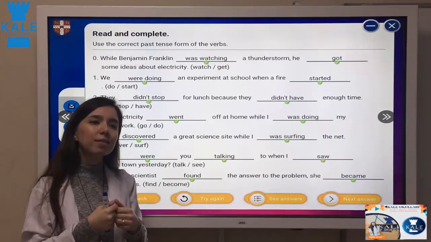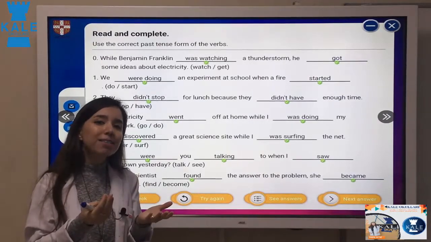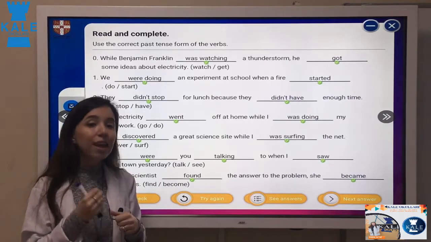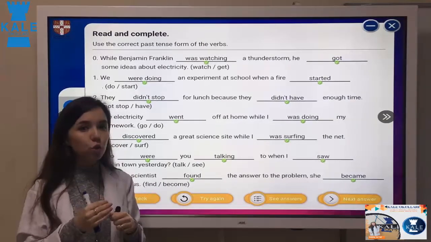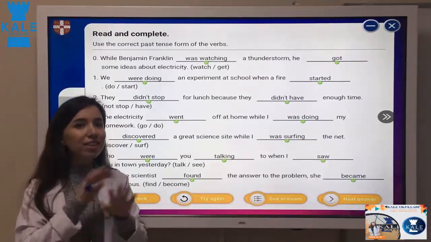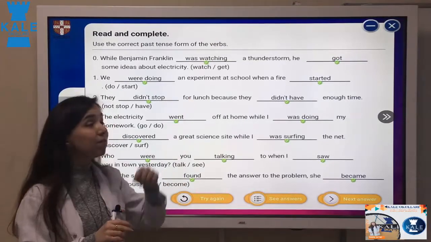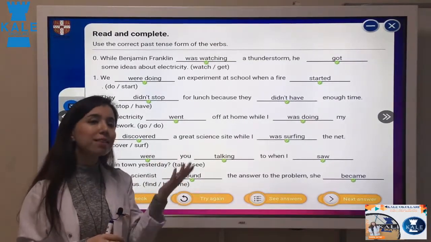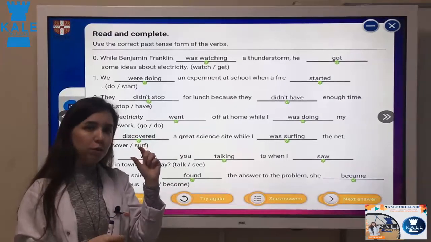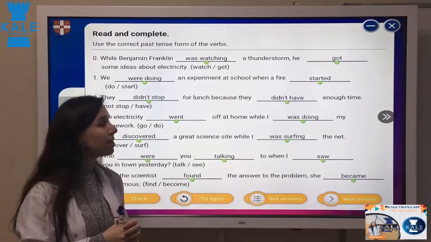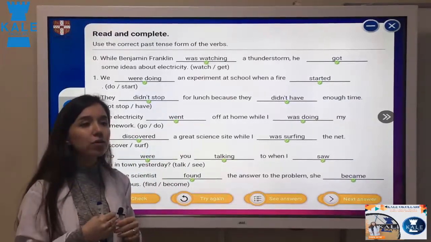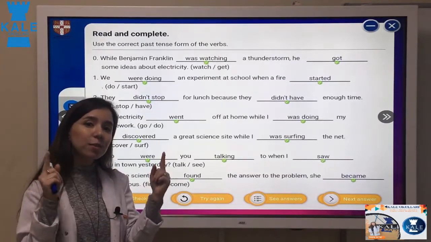Let's explain like this. When do we use past simple, and when do we use past continuous? We use past simple, as I told you, for some actions that are totally finished. But we use past continuous, you know, the past form of the to be verb, was, plus verb and ing, for something that continues in a period of time.